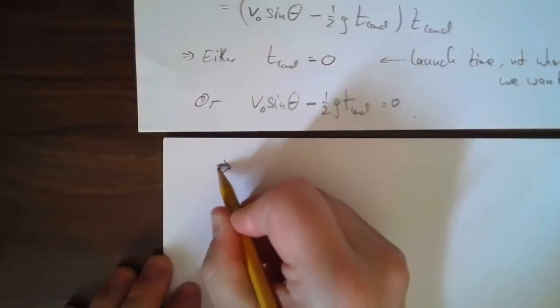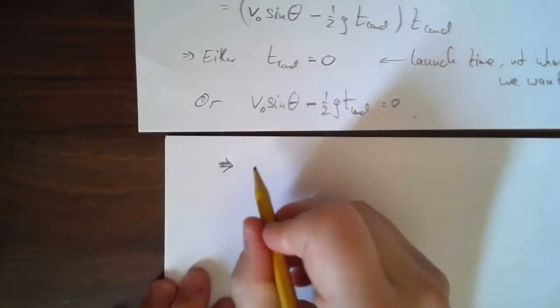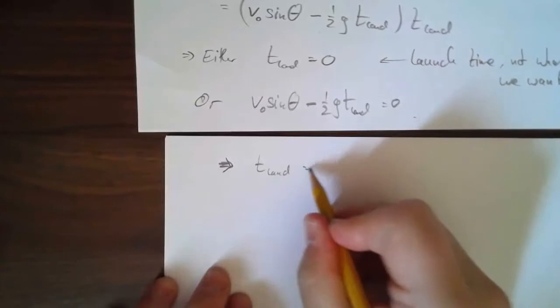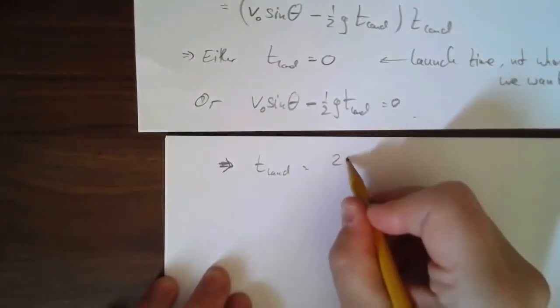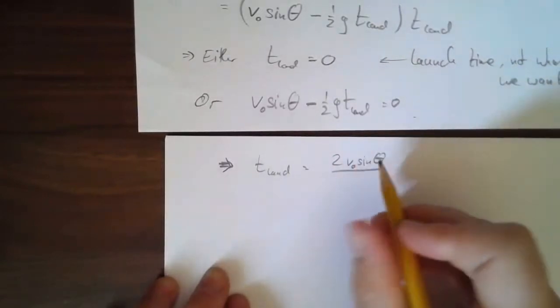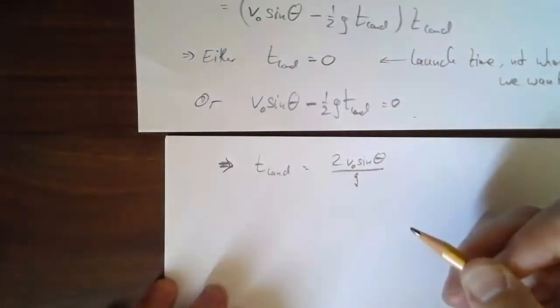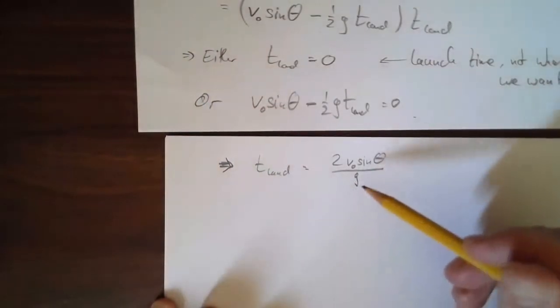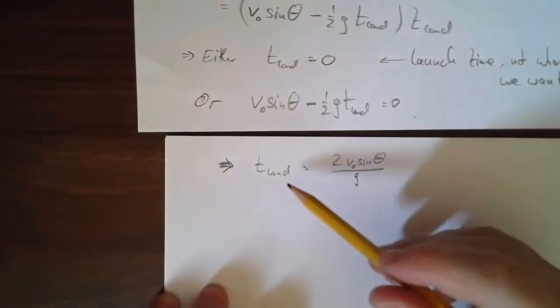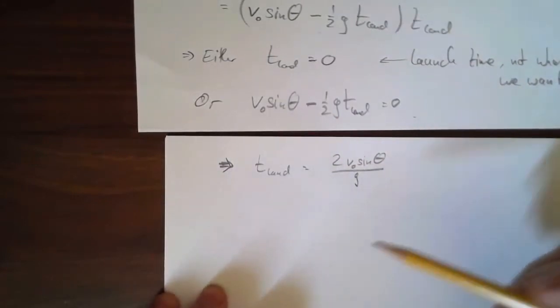This implies that t land is going to be equal to, let's rearrange this, v naught sine theta divided by g. Okay, so we've got our time for the landing. So this is how long the thing is in flight.